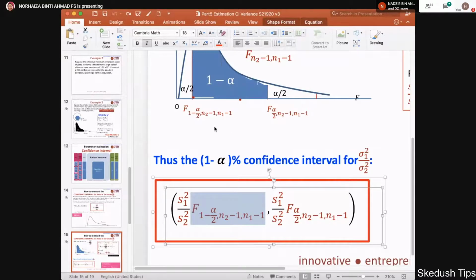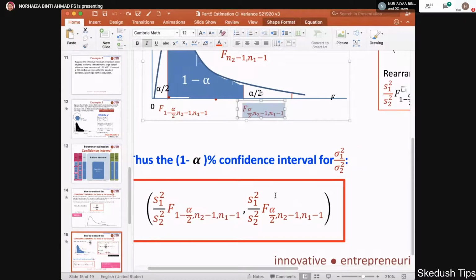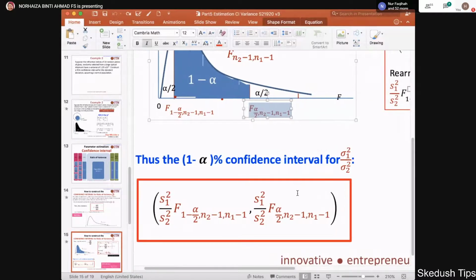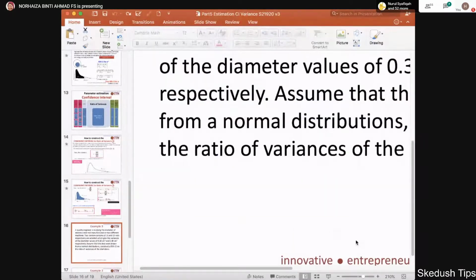In this case, it's 1 minus alpha over 2 with n2 minus 1 and n1 minus 1 for the lower limit, and then alpha over 2 with n2 minus 1 and n1 minus 1 as your upper limit. So this would be the formula that you're going to use. Let's look at an example.